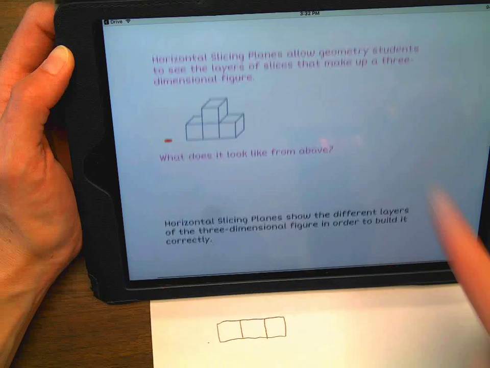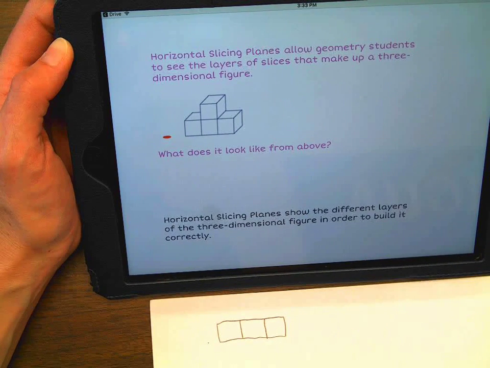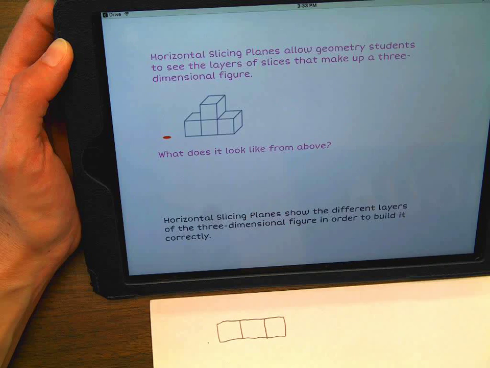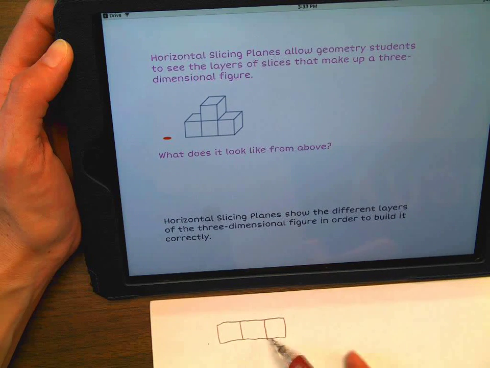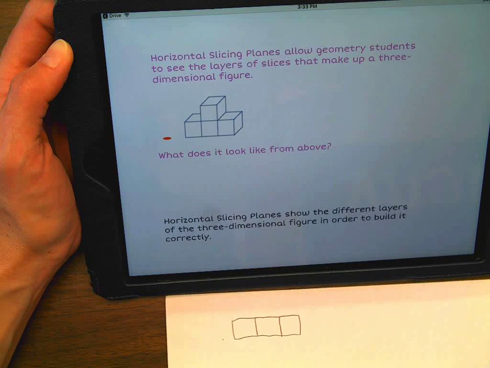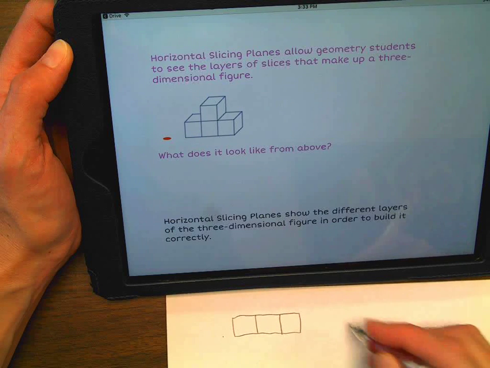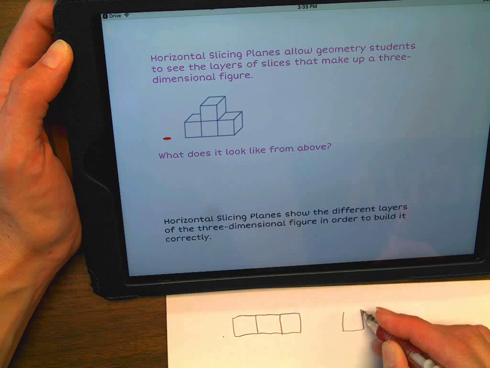What's really cool about these horizontal slicing planes is that they allow us to see depth. Horizontal slicing planes show the different layers of the three-dimensional figure in order to build it correctly. So we know that the top view would look like this. If we were looking at it from the right side, the end, what would our view look like?